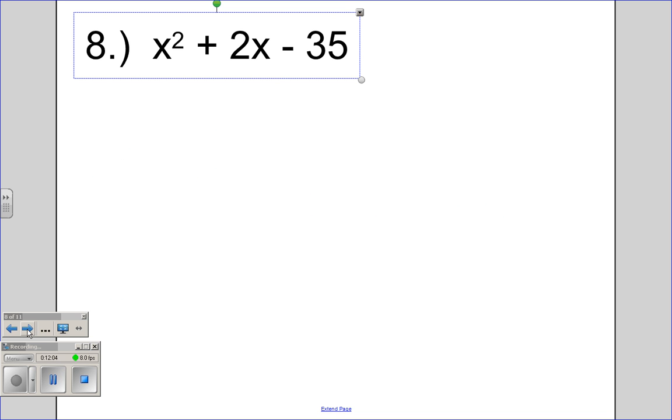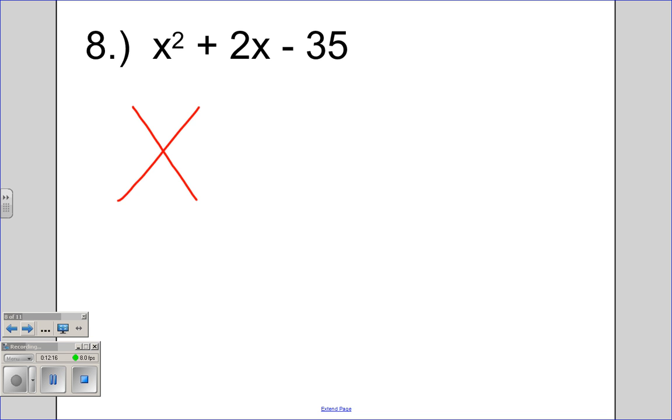Number 8, x squared plus 2x minus 35. So again, let's make our x. Top number is what we multiply. What do we multiply to get negative 35? Bottom number is what we add, which is a positive 2.